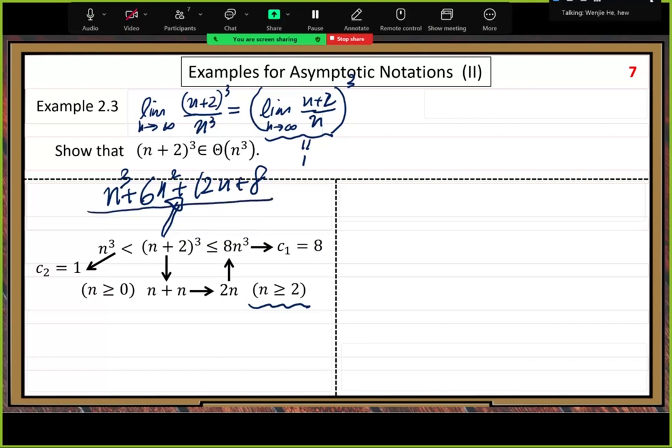Then, from this polynomial, if you want to find a C1 constant times n cubed that bounds it, it's not that easy, right? Those students use a very complicated way to get that C1, because this expansion way is not the right way. Expansion makes things harder. Don't do expansion. We do the inequality directly.